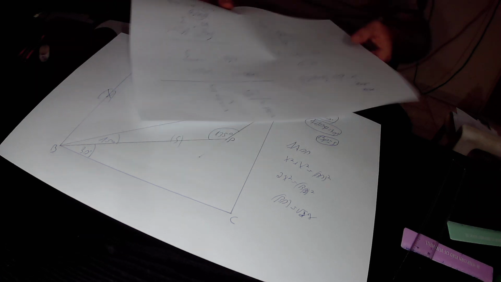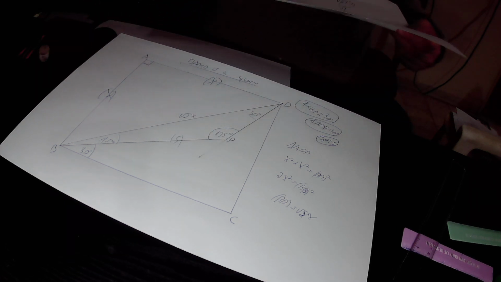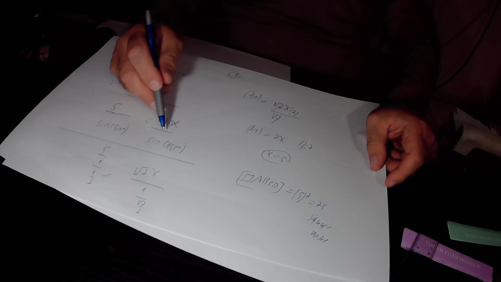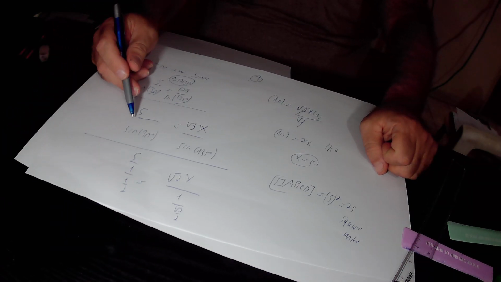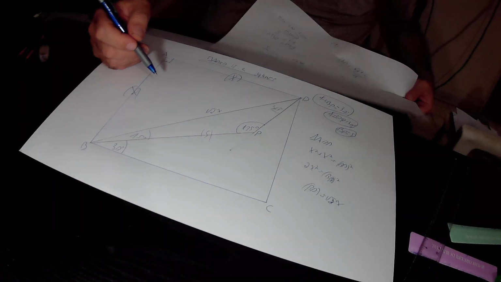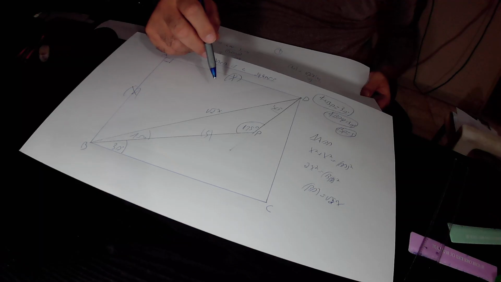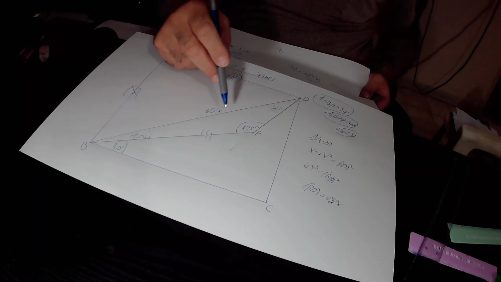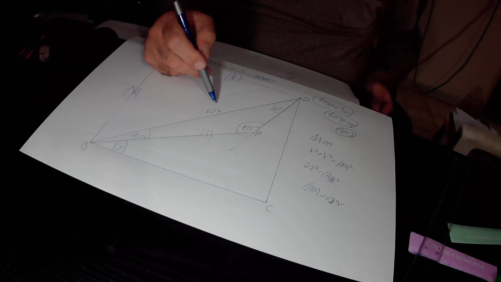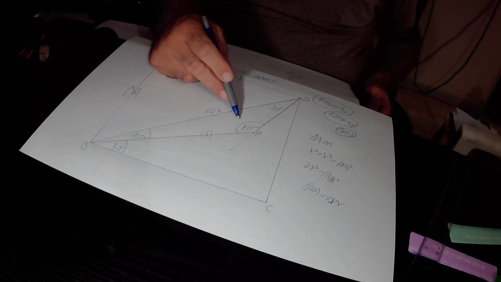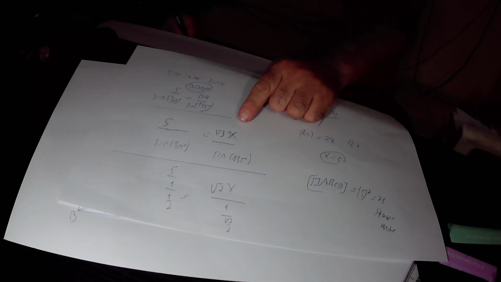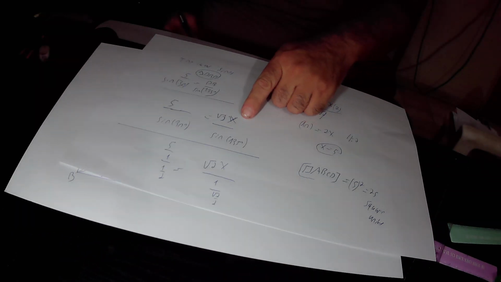So again, according to the law of sines in this triangle BDP, the following equation is true: the square root of 2 times x over sine 135 degrees equals 5 over sine 30 degrees.